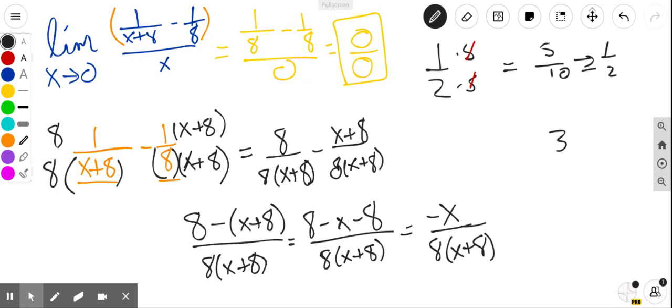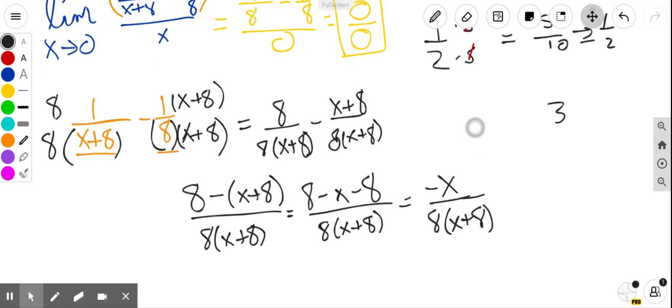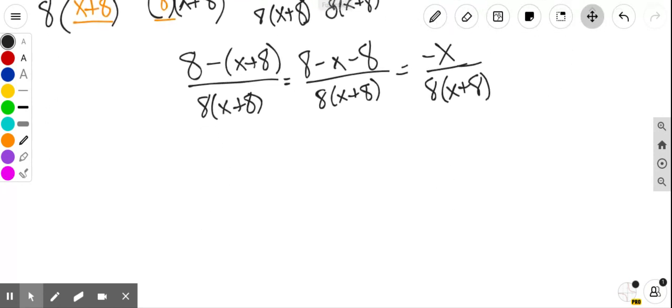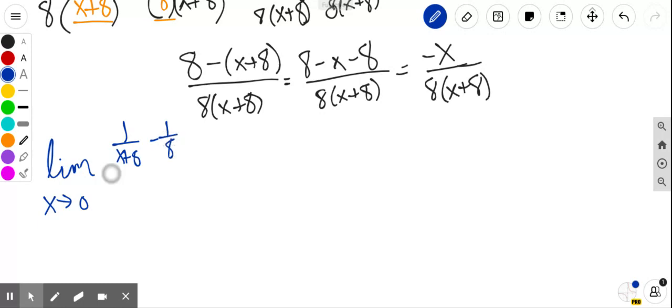So now let's go back to the original problem. All right. Write it out again. It was the limit as x approaches 0 of 1 over x plus 8 minus 1/8, over x. Right?